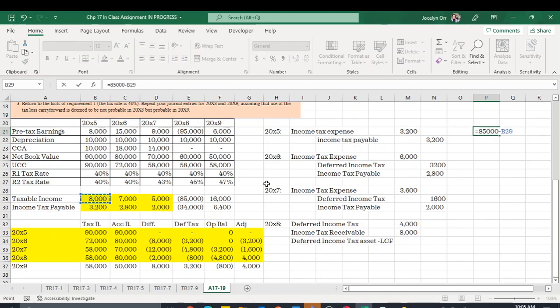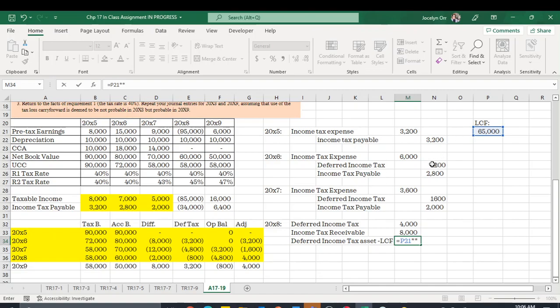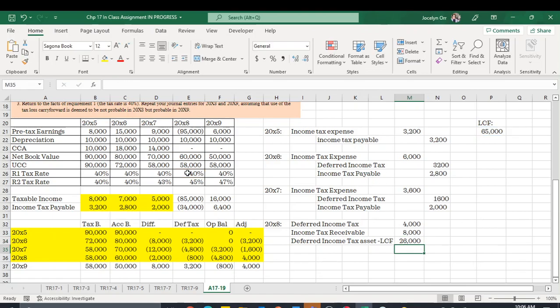I recovered my 20x5, my 20x6, and my 20x7, which leaves me a loss carry forward of $65,000. That $65,000 multiplied by my tax rate of 40% is going to give me my deferred tax asset of $26,000.